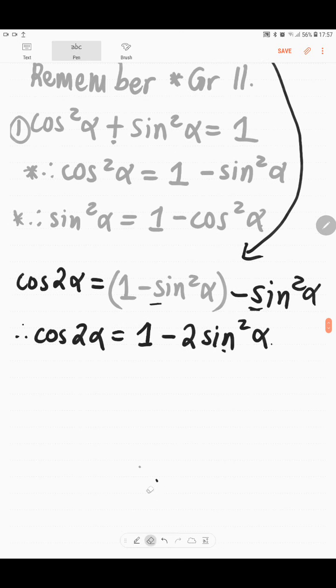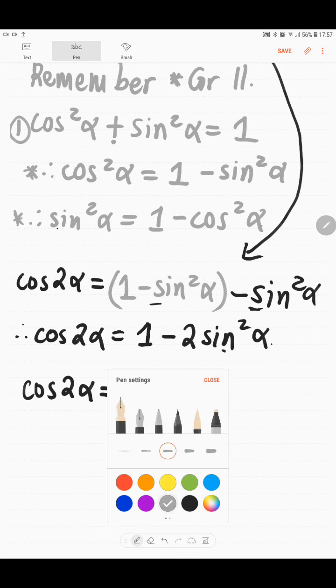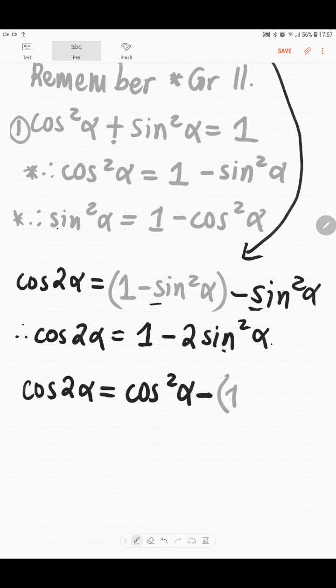The third and last one is this. Let's have cos 2 alpha is equal to cos squared alpha minus, and then we will have this in place of sin squared alpha. So from here we have this.